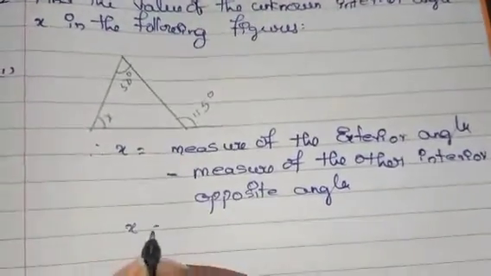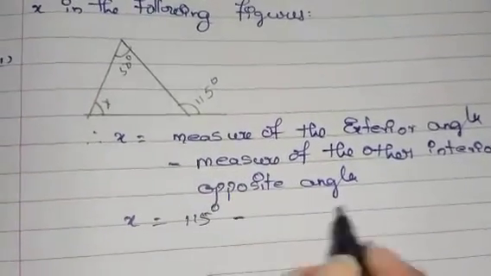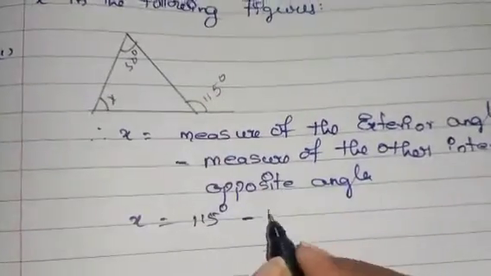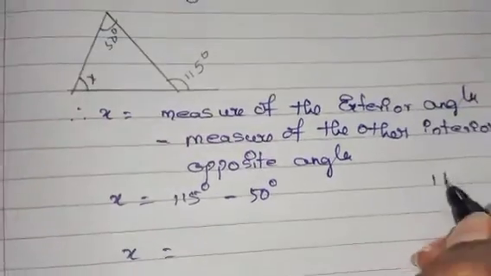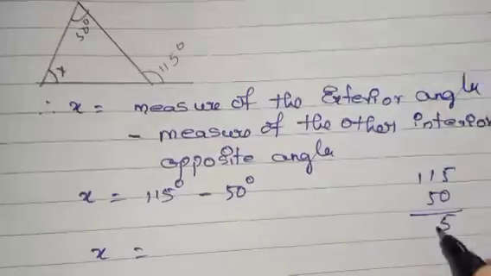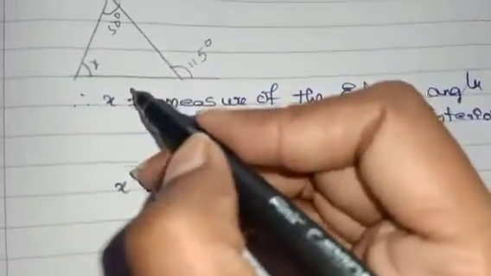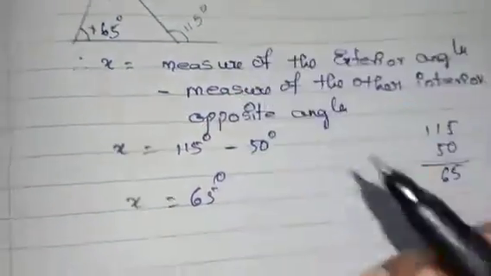So x is equal to the measure of the exterior angle, 115 degrees, minus the measure of the other opposite angle, 50 degrees. 115 minus 50 is 65 degrees. So here the interior angle is 65 degrees.